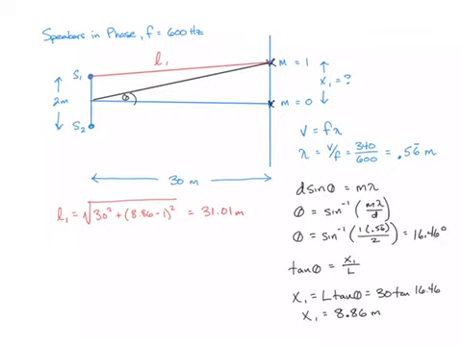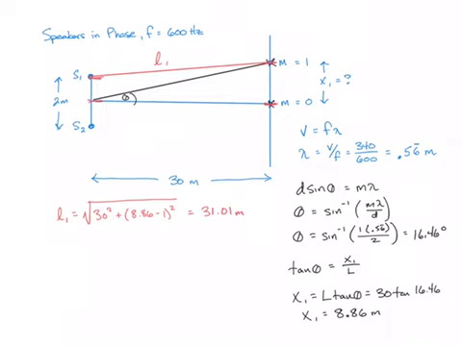Alright, so as we can see, I've calculated L1, shown up there in red, and L1 would be the square root of 30 squared plus 8.86 minus 1 squared, which comes out to 31.01. And the reason that's 8.86 minus 1 is, remember, the distance from here to here is 8.86 meters, but from here to here is 1 meter. So the y component of L1 would be 8.86 minus 1. We can obviously see that my drawing is not anywhere near the true scale.